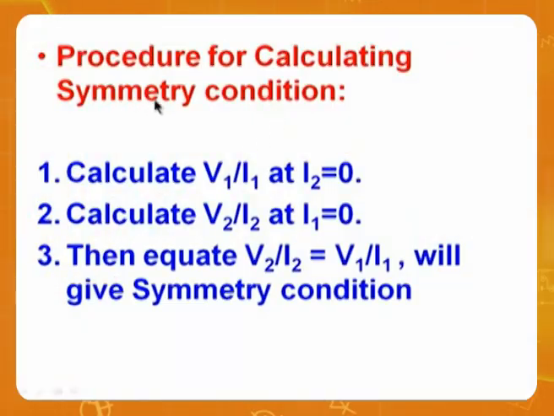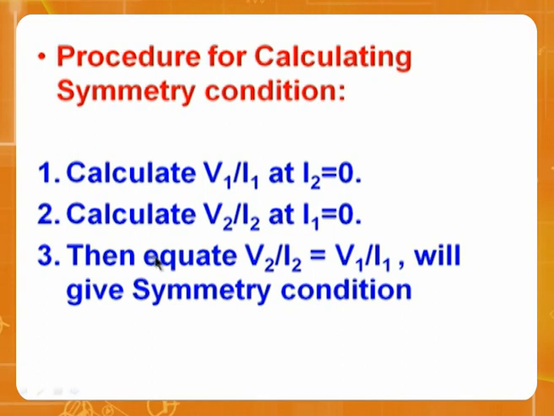What is the procedure for calculating the condition? Calculate V1 by I1 with I2 equal to 0. Calculate V2 by I2 with I1 equal to 0. Then equate these values and get the symmetric condition. But generally in the initial days, students have objected and said, sir, this is valid for Z parameters.